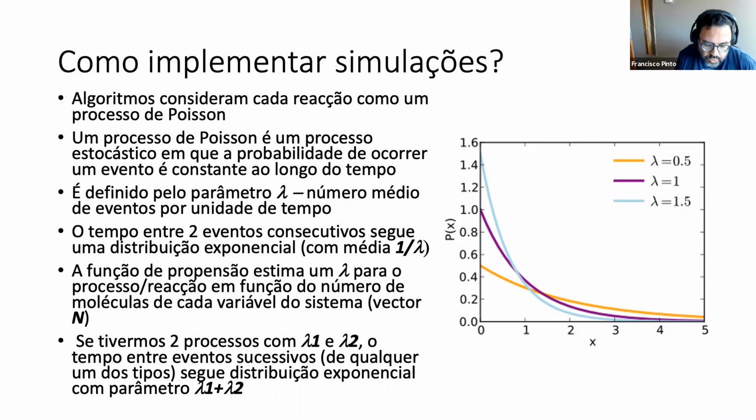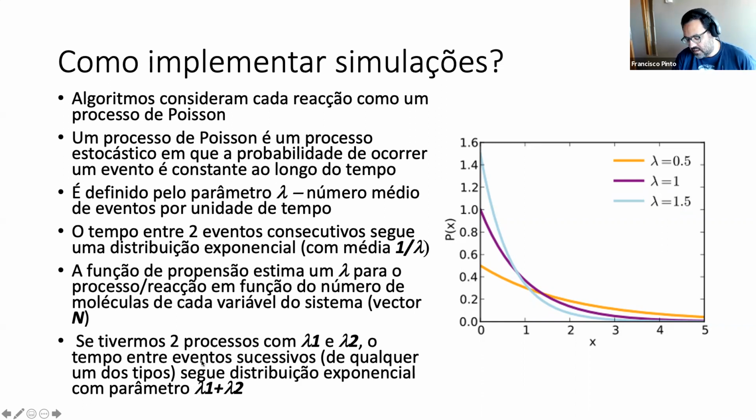So you have two Poisson processes, a process A and a process B. Process A follows a Poisson distribution with lambda 1 average events per unit time, and process B has lambda 2 average events per unit time. The probability of observing either A or B follows a Poisson distribution with an average number of events per unit time equal to lambda 1 plus lambda 2.